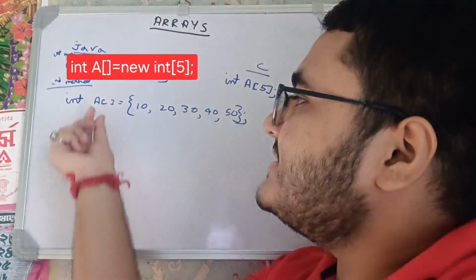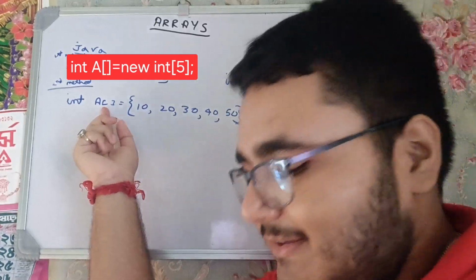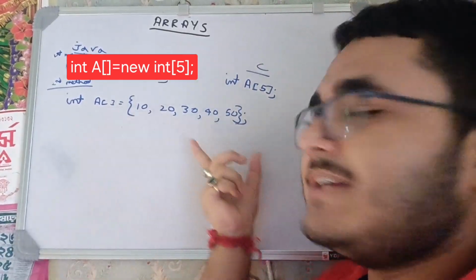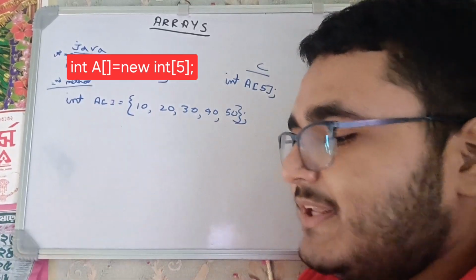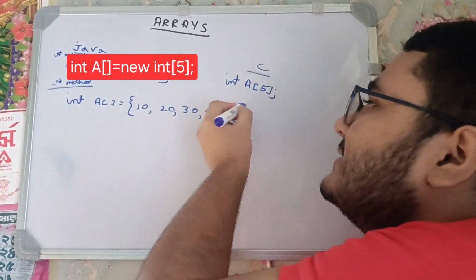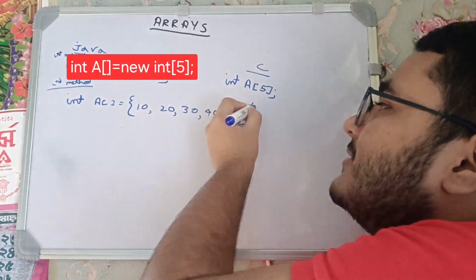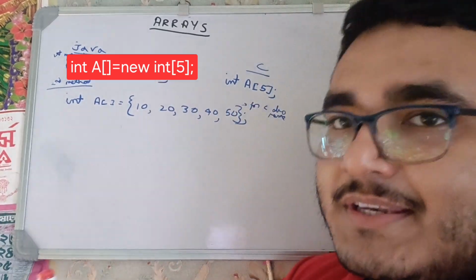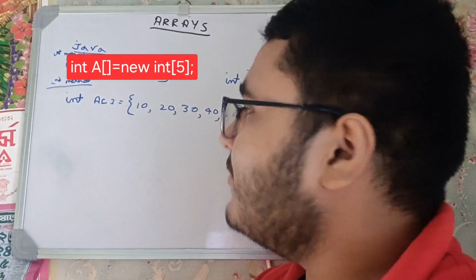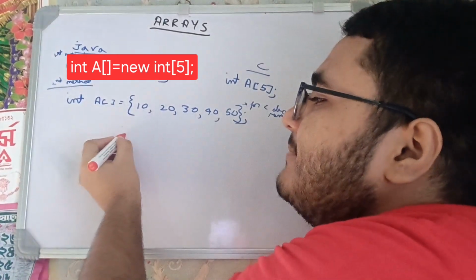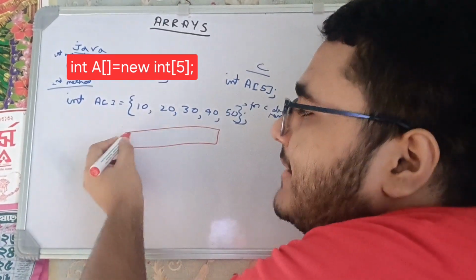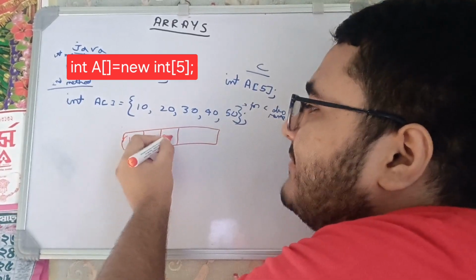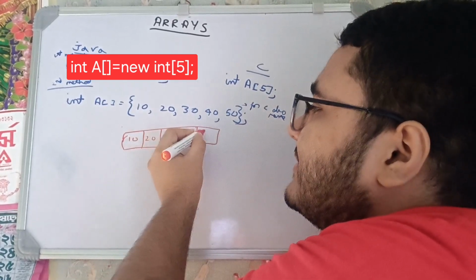So this symbol represents that a will be an array. This declaration is the same in case of C also. It is applicable in C also. So how will it look? Again the same. It will allocate the memory like this, and this will be 10, 20, 30, 40, 50.